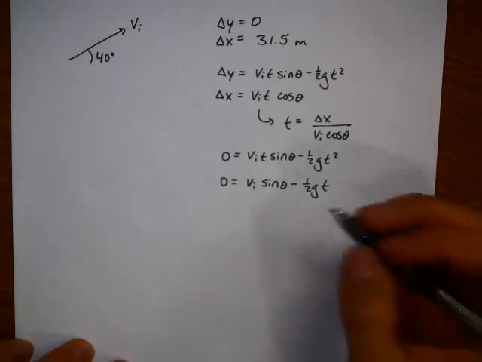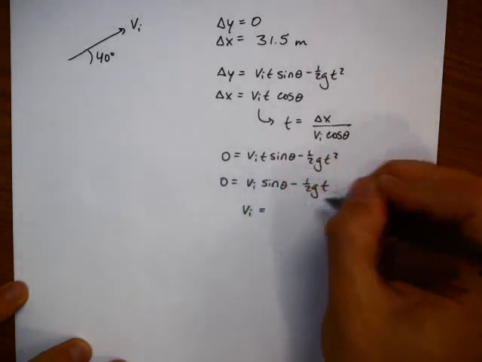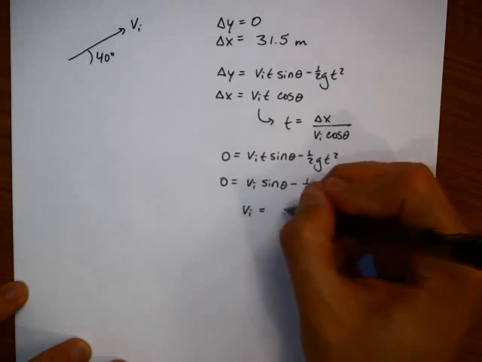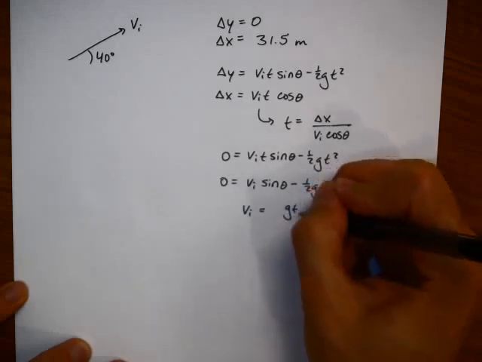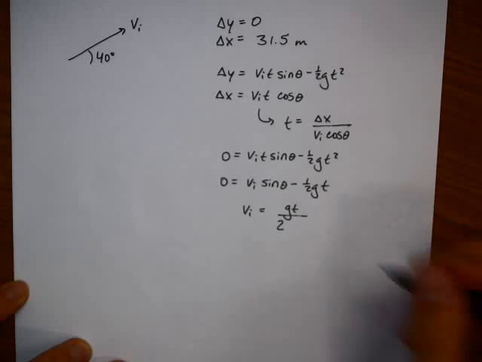Let's solve for Vi. We get Vi equals, I'm going to add the 1/2 gt to the other side. Okay, it's gt over 2 divided by sine theta.